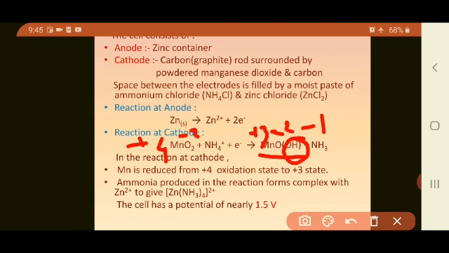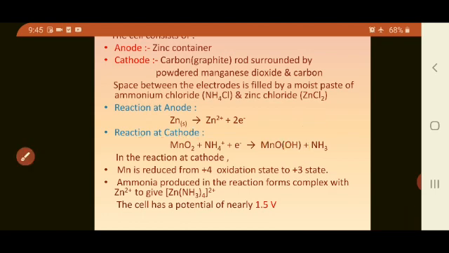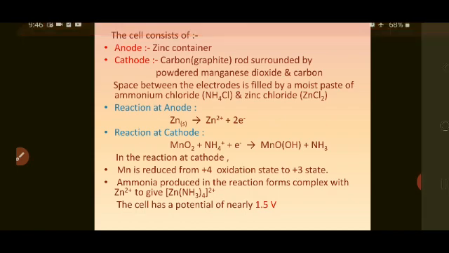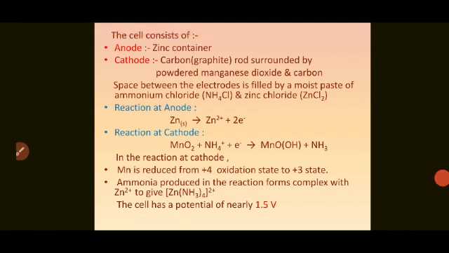So Mn is reduced from plus 4 to plus 3 oxidation state. That is, reduction takes place at cathode. And hence the cell has a potential of nearly 1.5 volt. Till when can we use this? Till the reaction reaches equilibrium. Once the use is over, the cell becomes dead. So this is the example of a primary battery.